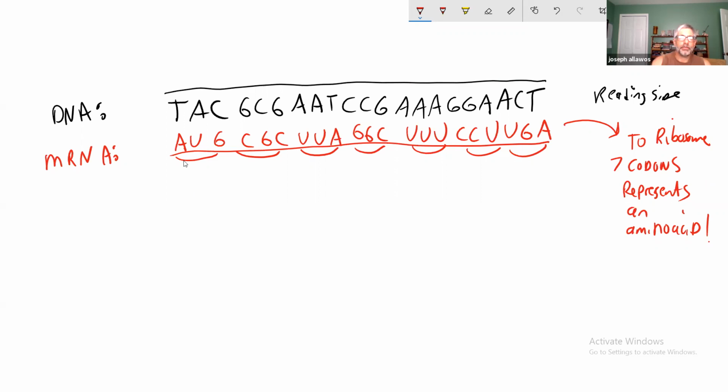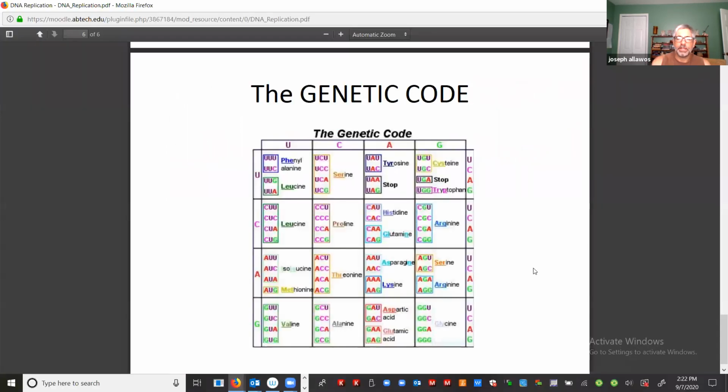For our first codon, AUG, there is a genetic code right here that tells us, if we look up AUG, and the way this works, I know you can't see the pointer. Let me make it to where you can see the pointer for a second. The way this works is, this is the first letter of the 3-base sequence, this is the second letter, and this is the third letter.